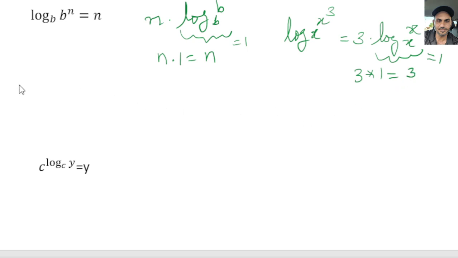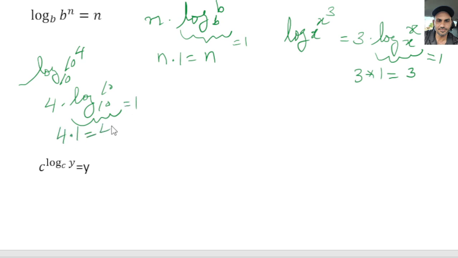Similarly, if we have log of 10 to the 4th with base 10, what is that equal to? That's going to be equal to 4 becomes the multiplier, times log of 10 with base 10, and from the previous property we know that this is equal to 1, so it's 4 times 1 equals 4.